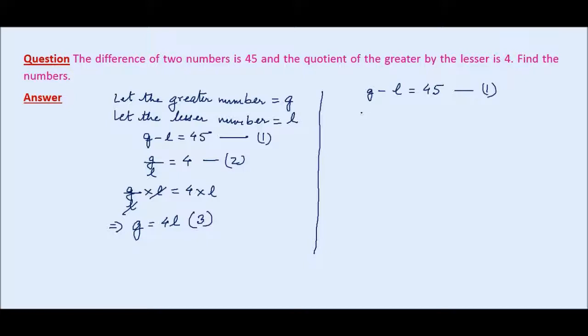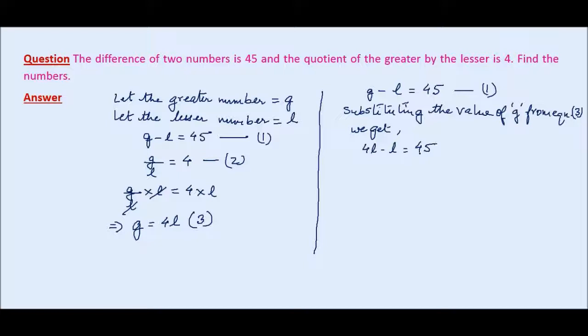So, substituting the value of G from equation 3, we get 4L minus L equal to 45, or 3L is equal to 45.